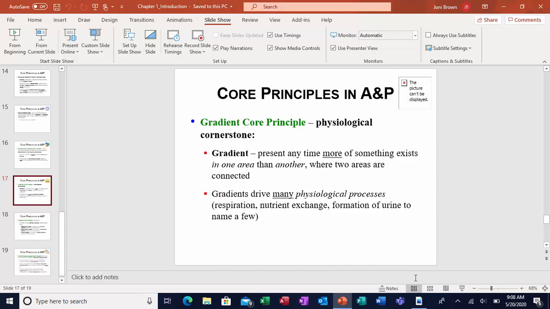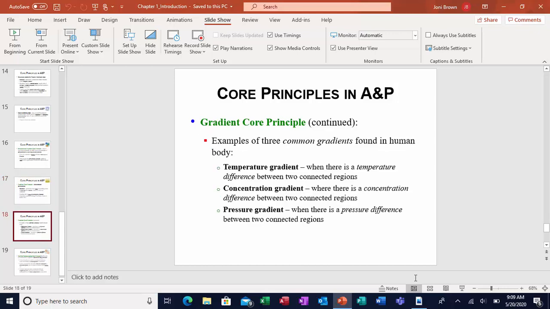That allows us to breathe. Urine formation is because of gradients. Nutrient exchange, all those exist because of gradients. And the three gradients that we have in our body are temperature gradients, concentration gradients, and pressure gradients.